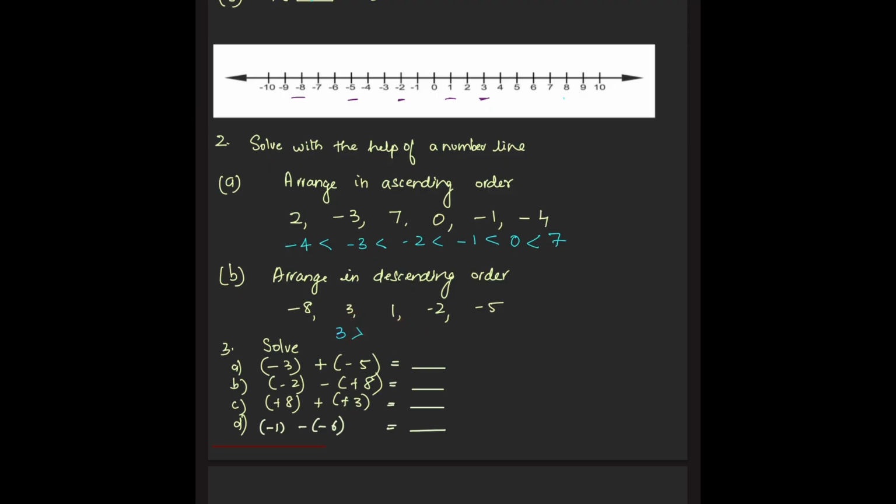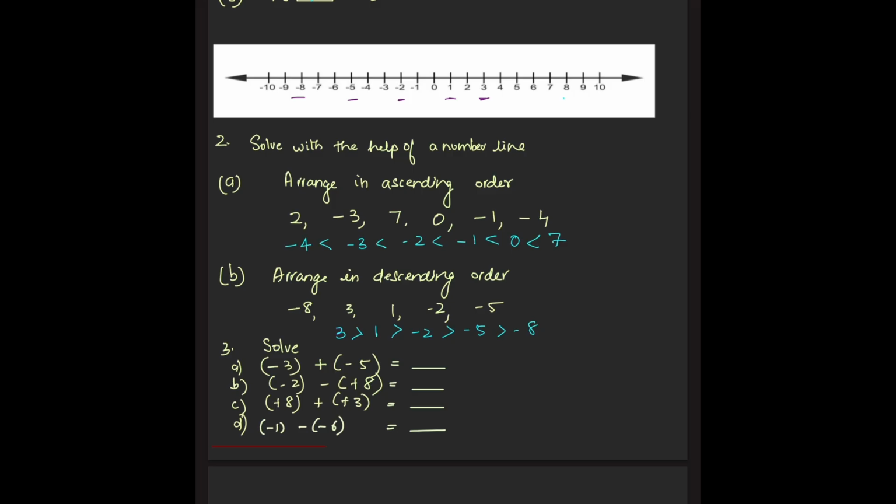So this is how the signs will look. +3, 1, negative. That's it.